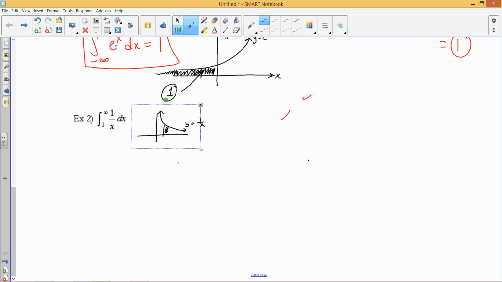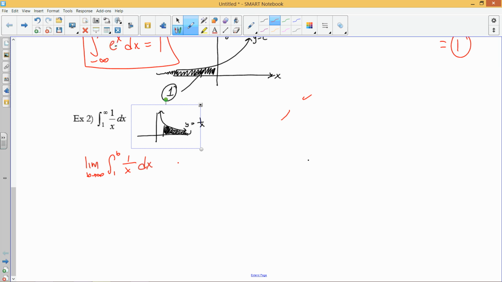Here's the area from 1 to infinity. It's going to be all this stuff. To figure out if that area is finite or infinite, the first thing I'm going to do is take the limit as b approaches infinity of the integral from 1 to b of 1 over x dx.